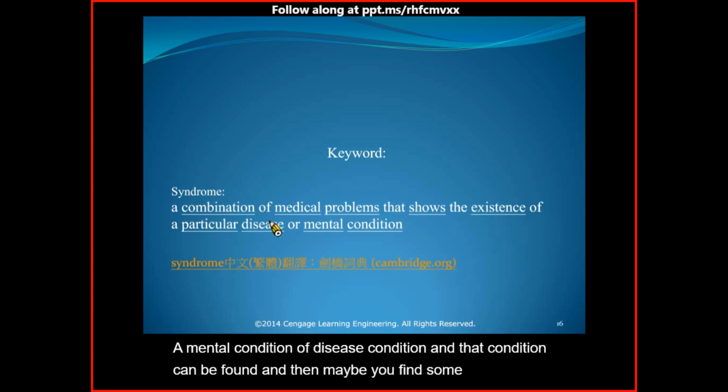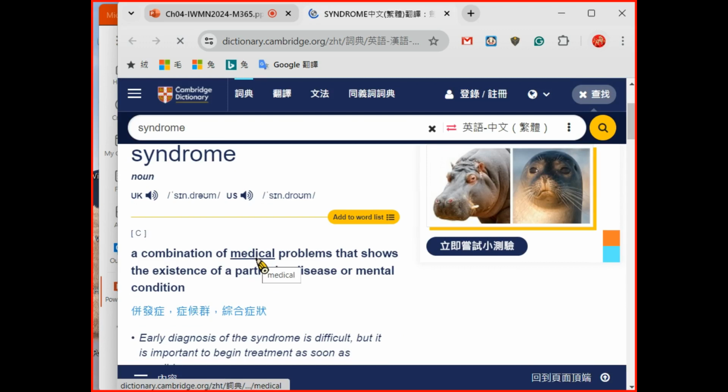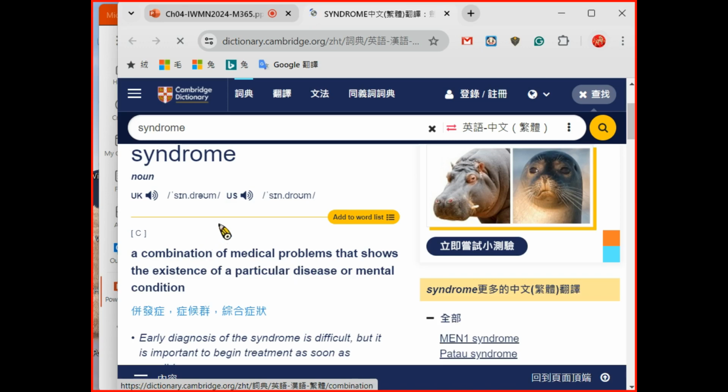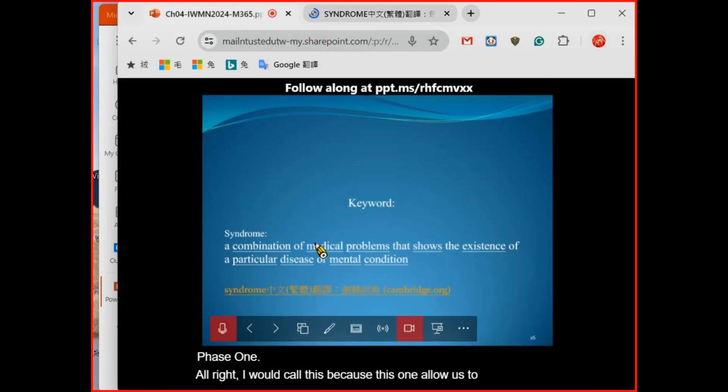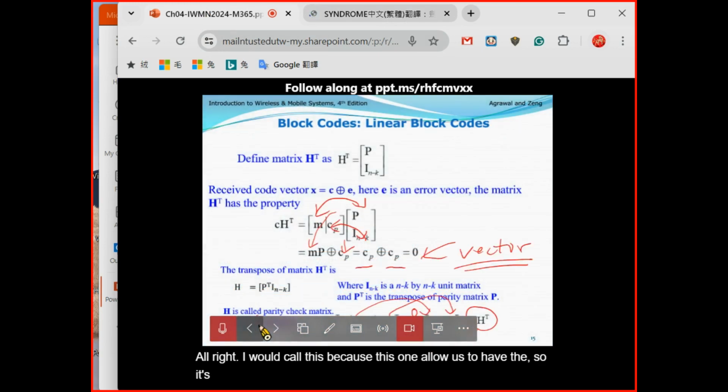Let me check the Chinese character directly for local students. Alright, why would I call this a syndrome? Because this one allows us to have the observation. So it's true, this one serves as a syndrome.